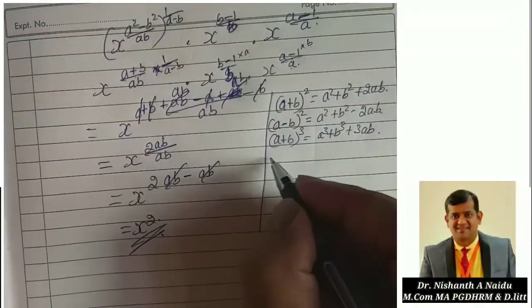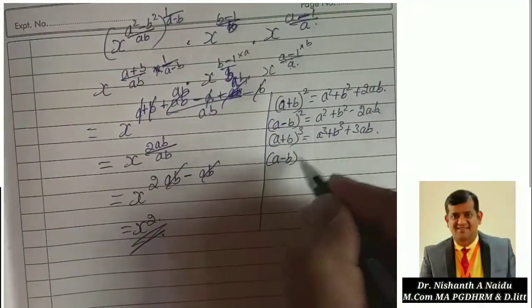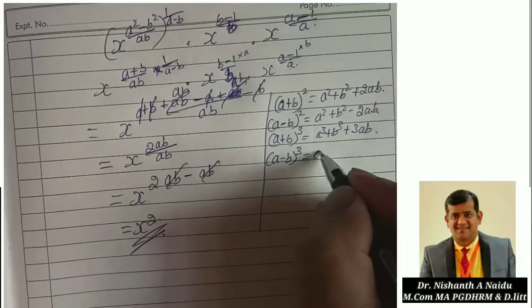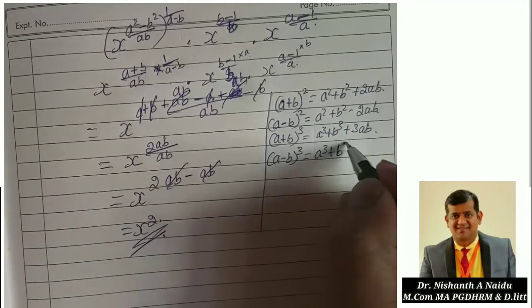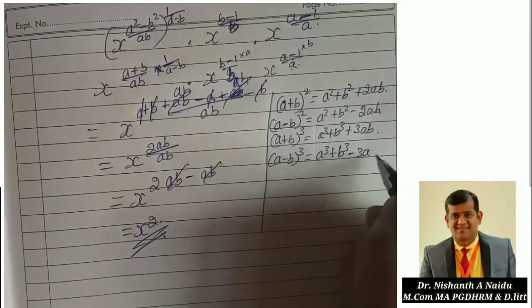If you still need more steps, I'll just write it so that you don't get confused. A to the power of 3 plus B to the power of 3 minus 3AB.